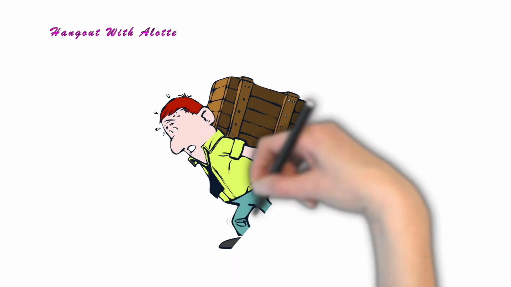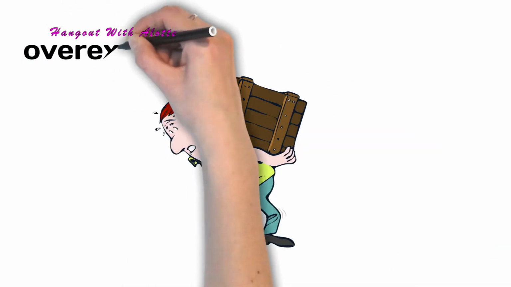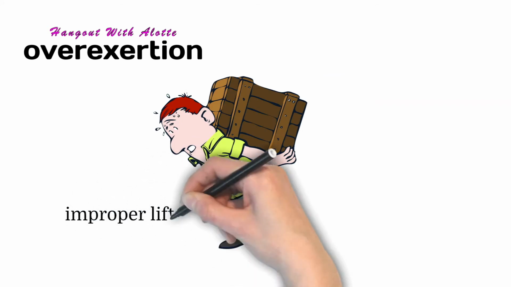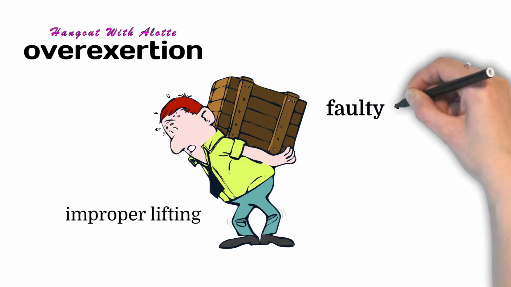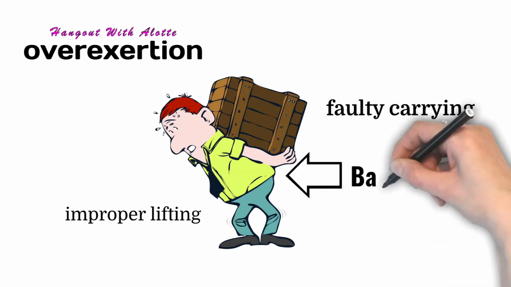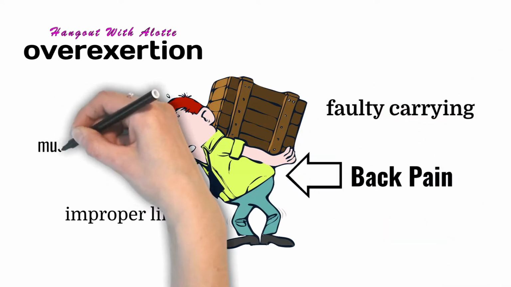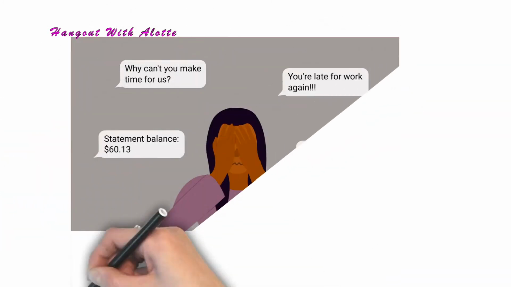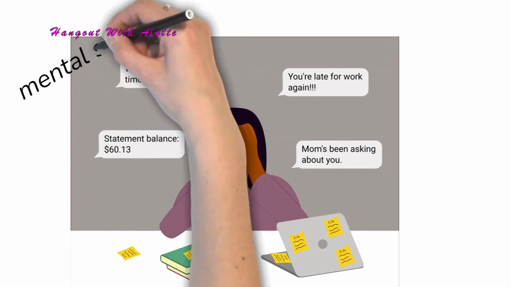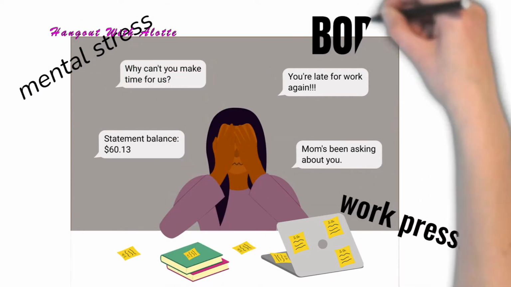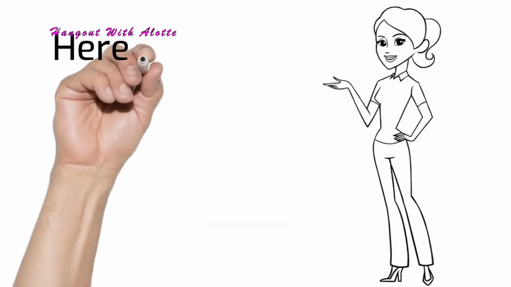For people who do manual labor that includes lifting, they are likely to overexert, lift improperly, and carry faultily, which may lead to back pain and muscular pain. Don't forget also that mental stress and work pressure could lead to body pains.